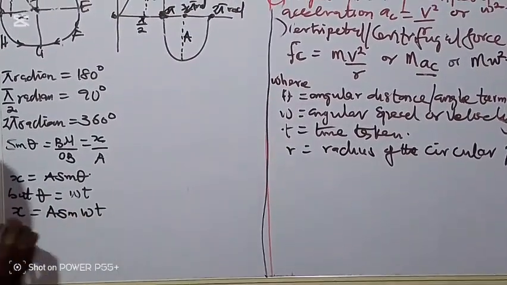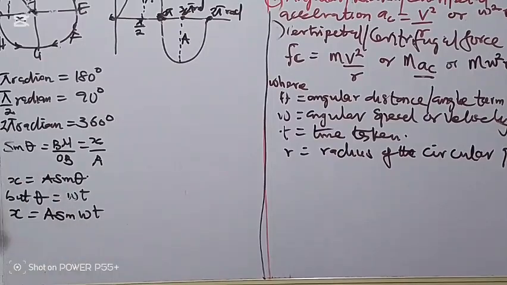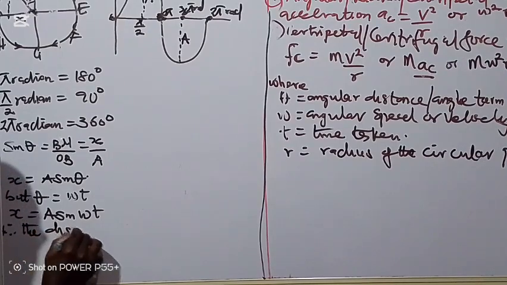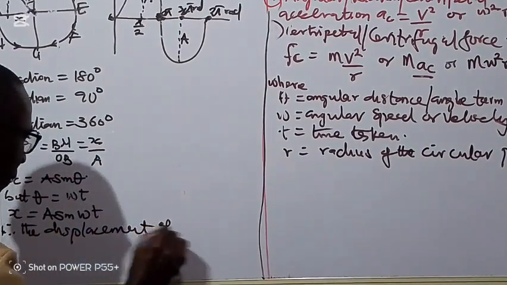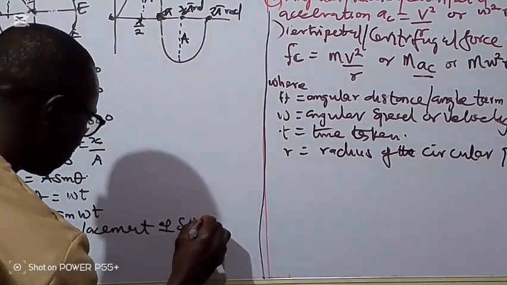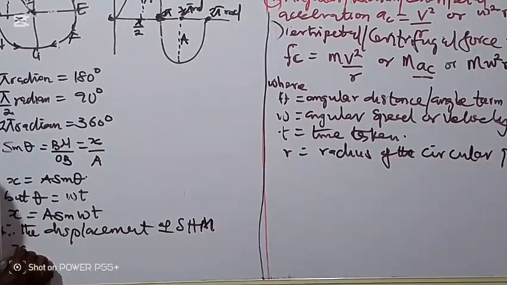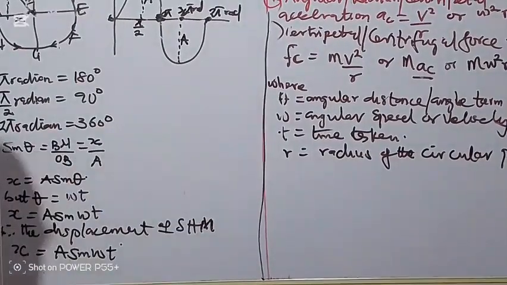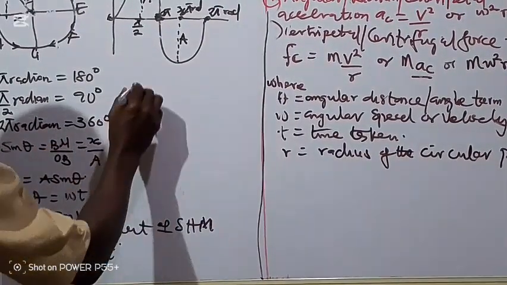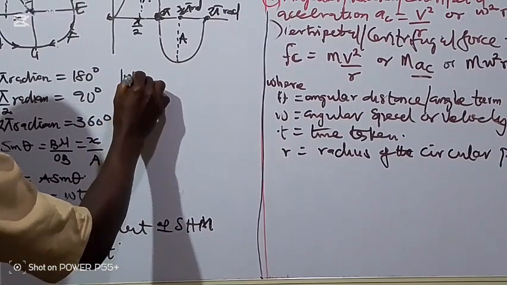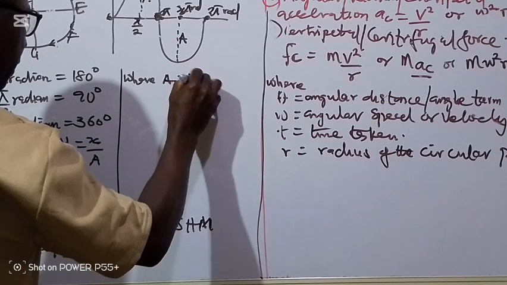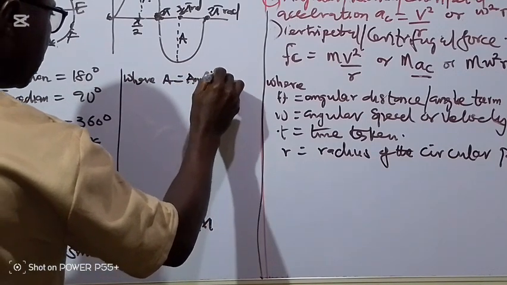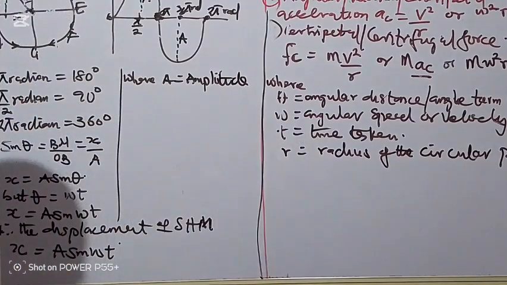So the displacement of simple harmonic motion, S, will be equal to A sine omega t, where A is the amplitude, and omega is the angular speed or angular frequency.